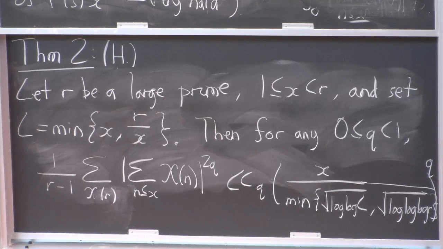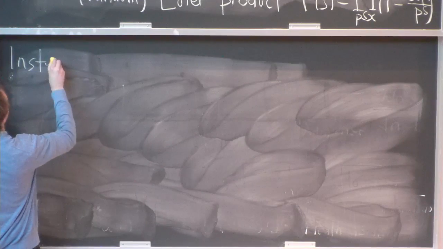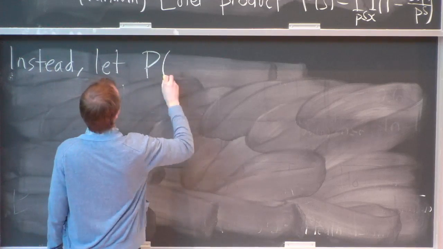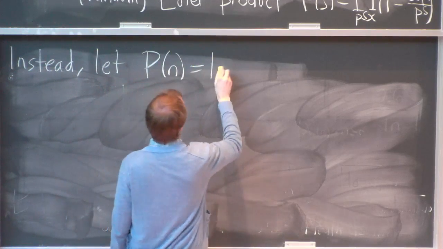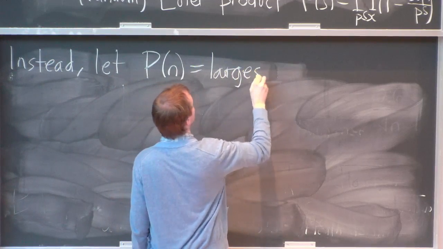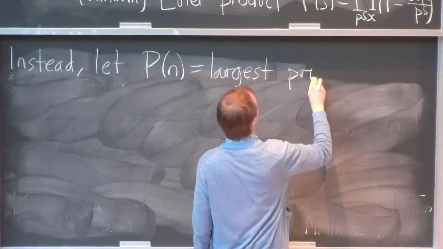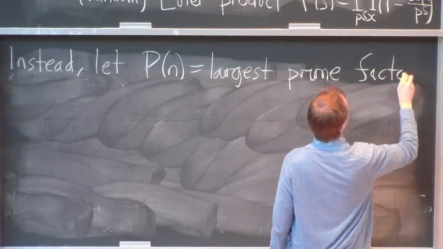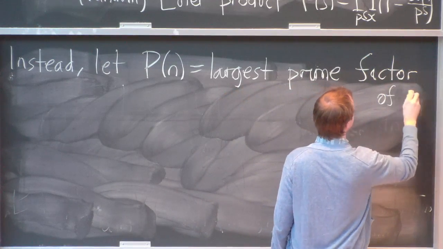So I'm going to say just a little bit about another way of proceeding. So instead, I'm going to let P of n be the largest prime factor of n.